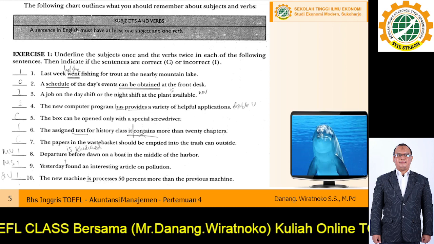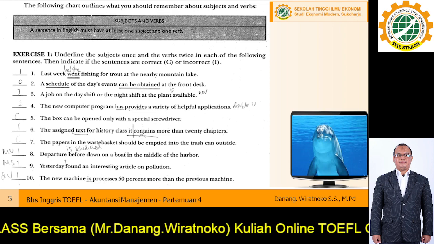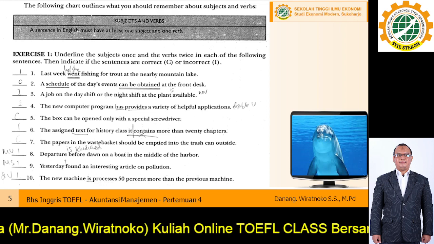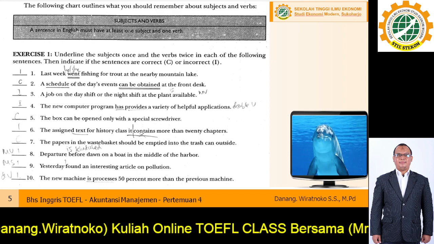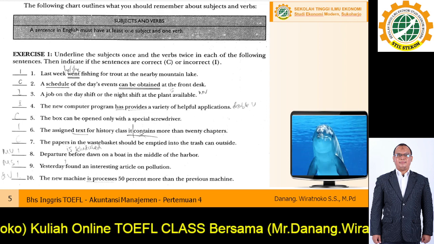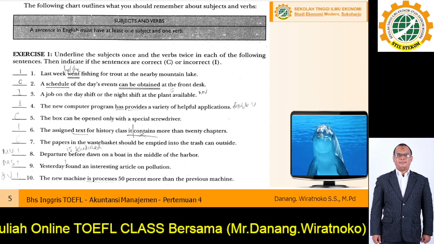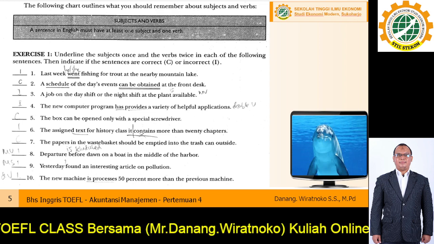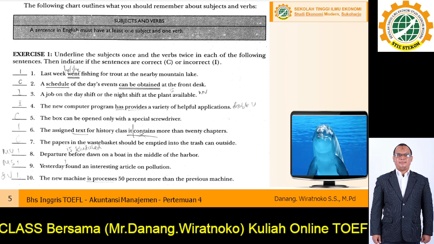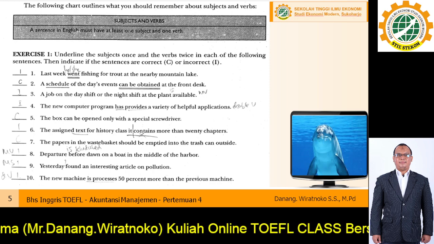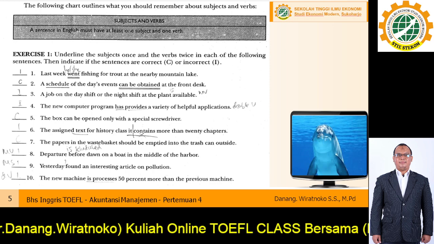So number 3 is incorrect. Number 4, the new computer program has provided a variety of helpful applications. Okay, so di sini incorrect ya, because di sini ada double verb ya. Has is a verb and provide is a verb. So you don't have to put double verb.